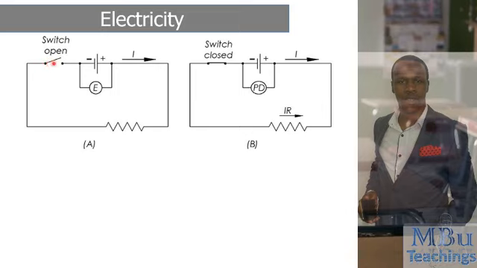If the switch is open, that means there is no flow of current. It's supposed to flow in this direction, from the positive to the negative, conventional flow.